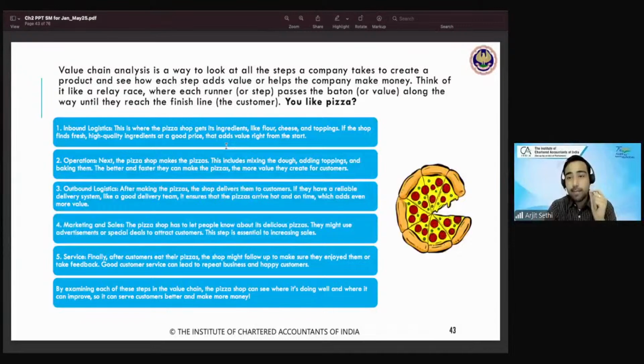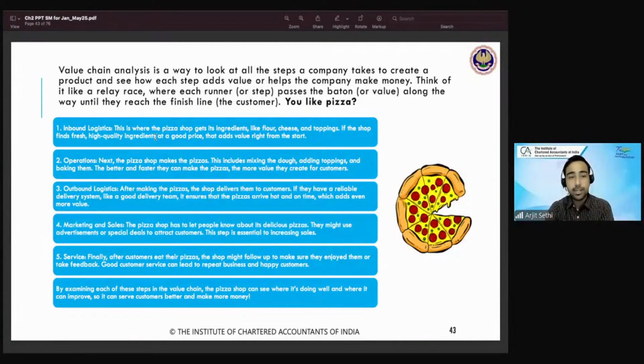So what's happening here is inbound logistics, procurement, getting things into the business: the toppings, the cheese, the dough, the quality of the products is nice. You're getting it at the right price, at the right time, from the right source. That's inbound logistics. If that is great, your value starts adding from the very beginning.